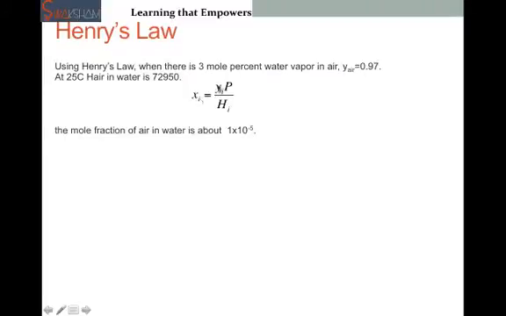So Xi is equal to Yi P divided by Hi. P is equal to the atmospheric pressure, 1 bar. Yi is equal to 0.97. Hi is equal to 72950 bar. Hence the mole fraction of air in water is 1.3 times 10 to the minus 5. So indeed it is extremely dilute.